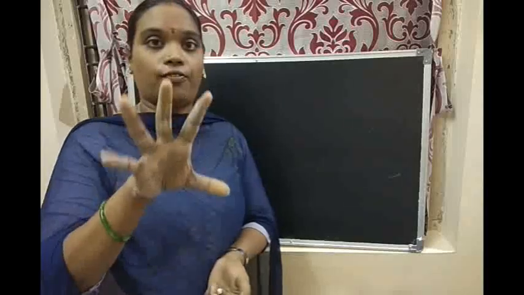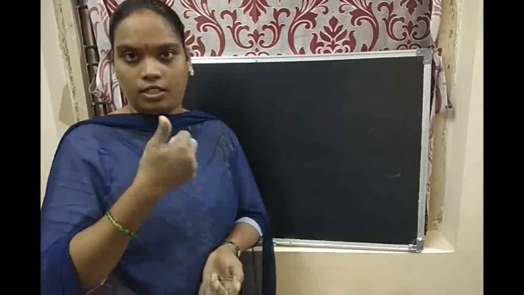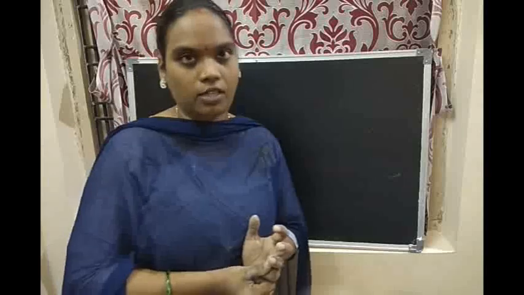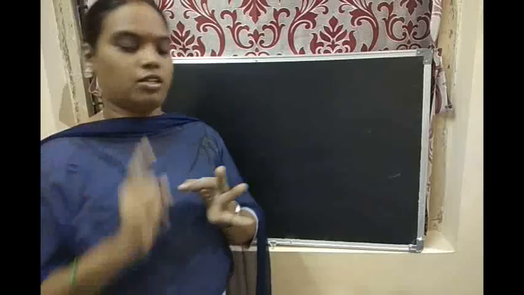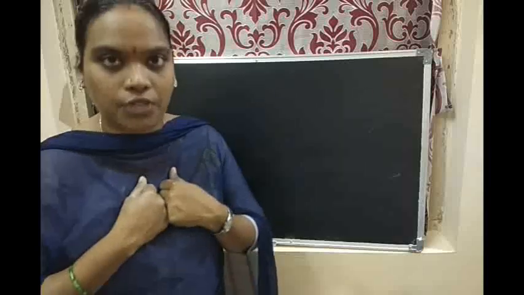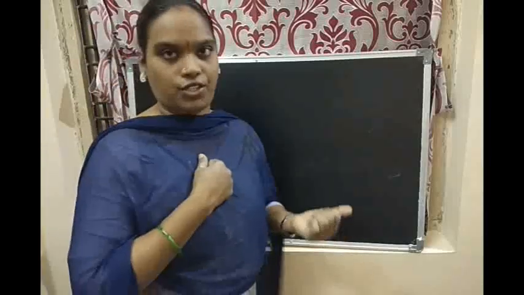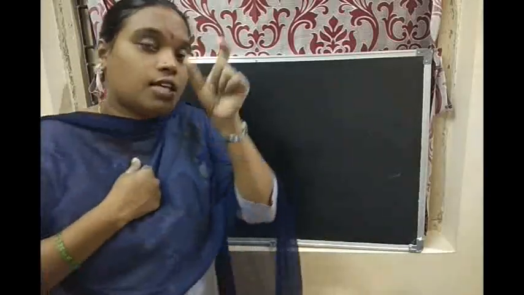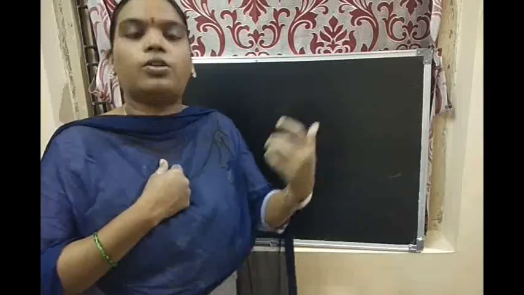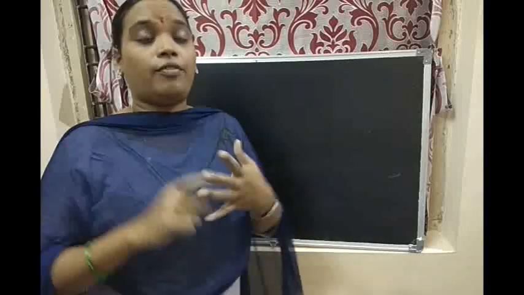In that we need 3 marks: question mark, exclamation mark and apostrophe. Question mark at the end of a question. Exclamation mark at the end of an exclamation. And apostrophe for the possessive case of nouns and contractions. Contractions means the short form of a word.